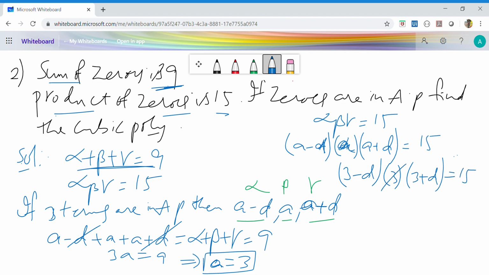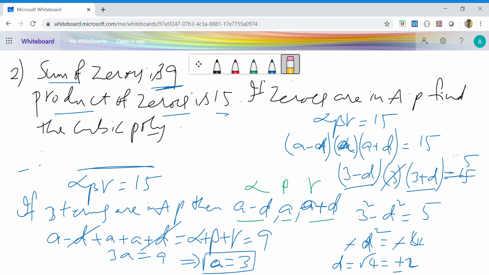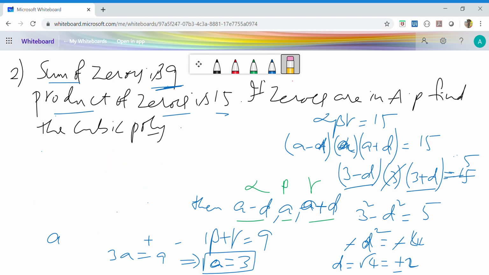All are multiplication, so 15 I will cancel with the 3, 3 fives it will go. So 3 minus D into 3 plus D becomes 3 square minus D square is equal to 5. Minus D square is equal to minus 4 because 5 minus 9 is minus 4. Minus minus cancel. D is equal to root over 4, which is plus or minus 2. So I will consider D as 2. You can solve with both, no problem.